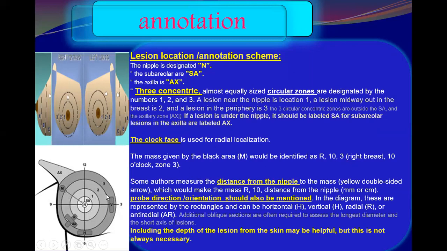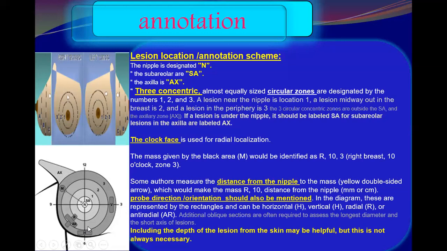And some authors prefer to describe by the distance from the nipple. If you are using these illustrations, you put your transducer orientation, if it is vertical, horizontal, radial, or antiradial.